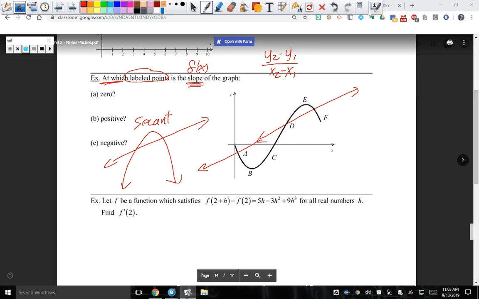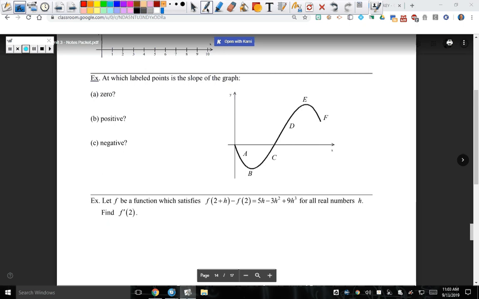So here's the thing. If I wanted to know when the slope is 0, what letters up here could you say the slope would be 0? B. There's a horizontal tangent because the slope of that is 0. E. When is it positive?